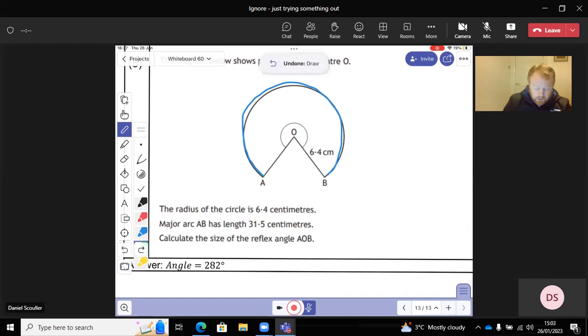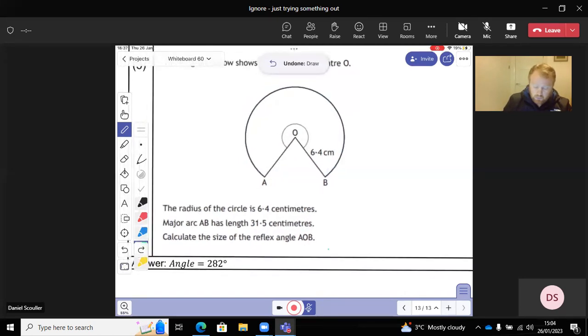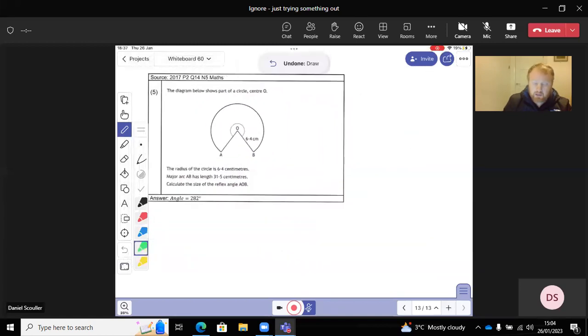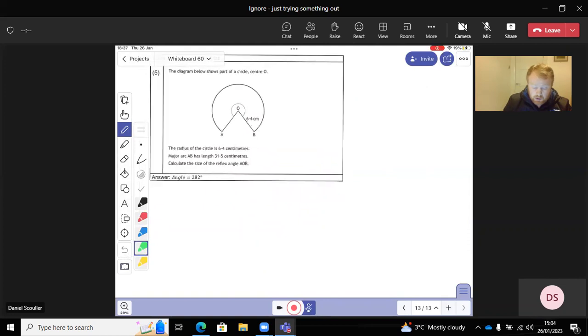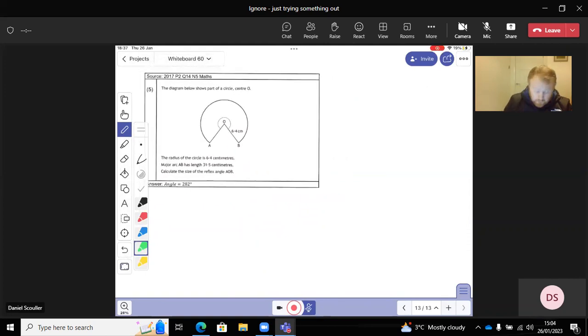So we've got the major arc, we've got the radius, just need to write out that equation. I'm going to use that theta symbol over 360 equals arc over the circumference, so I'm going to write pi d.